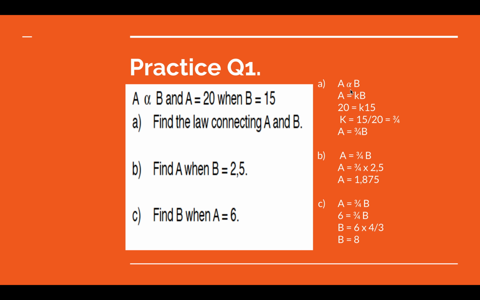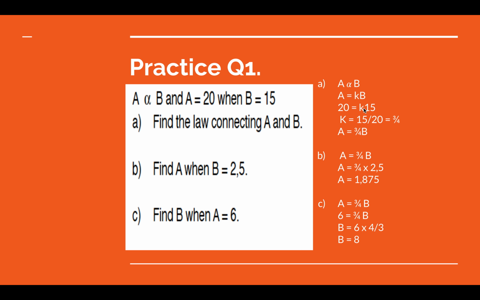So A is directly proportional to B, and we can denote that by saying A is equal to KB, because we get A by multiplying B by a factor K. So since when A is 20, B is 15, we say 20 is equal to K times 15, because this factor K multiplied by 15 gives the 20.